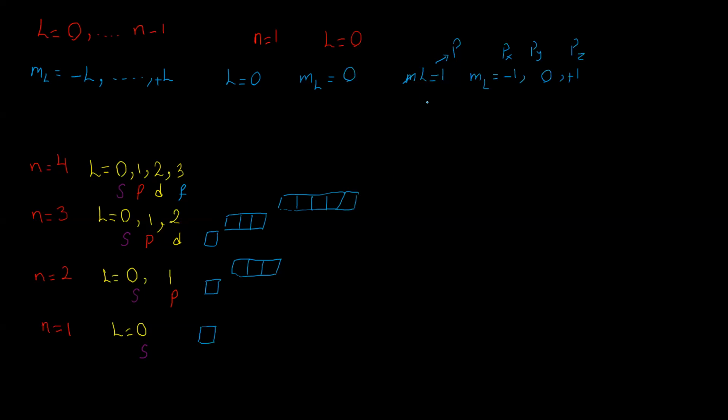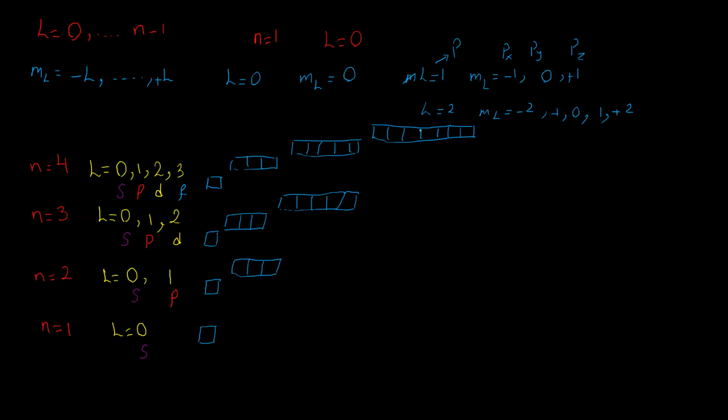Thus I write here L 2, ML is from -2 to +2, so it becomes -2, -1, 0, 1, 2, and 5 orbitals. And the same thing here again, S, P, D, and F with 7 orbitals: 1, 2, 3, 4, 5, 6, and 7.